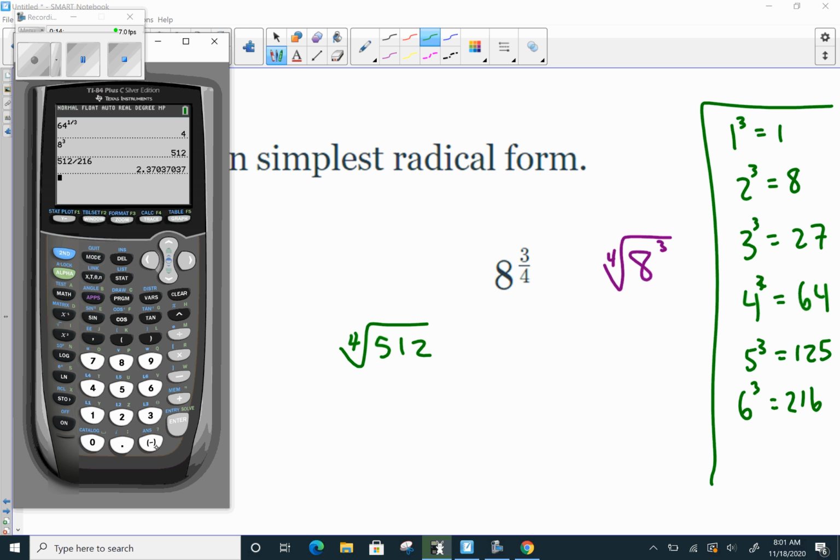So it doesn't go into 6 to the third. Then we do 512 divided by 125 is our next one. Nope, that's not a whole number. And then let's try 64. 512 divided by 64. And boom, there we go. Now we have a whole number here, so we know the best numbers to use.